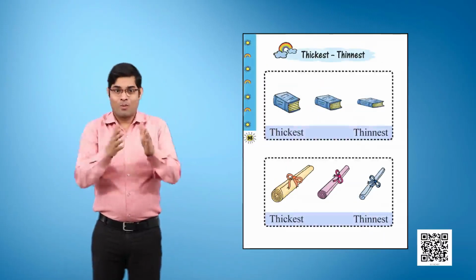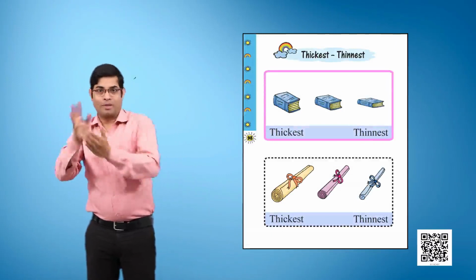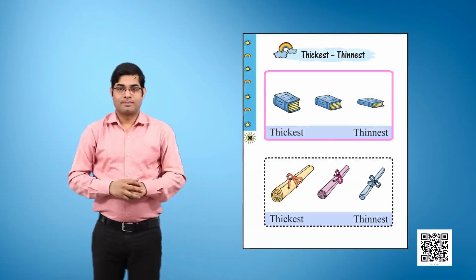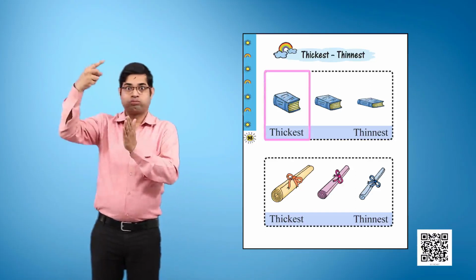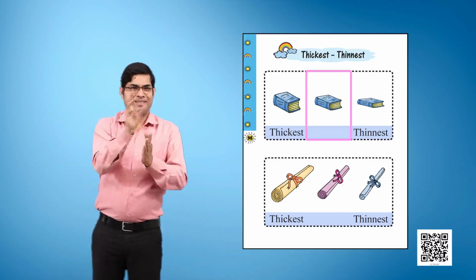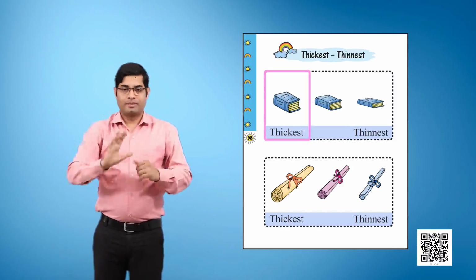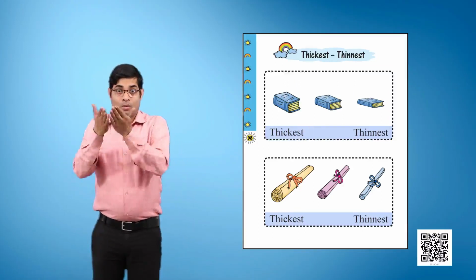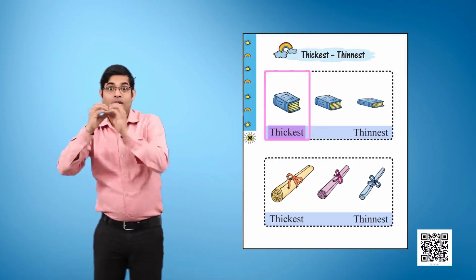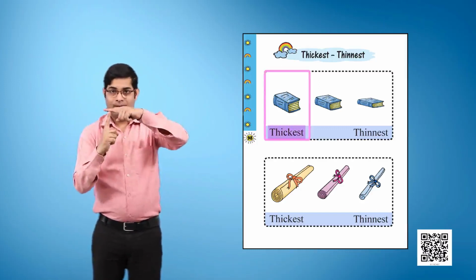Part 1 picture shows 3 books. Book 1 has more pages than Book 2 and Book 3. Thickest is written beneath Book 1.